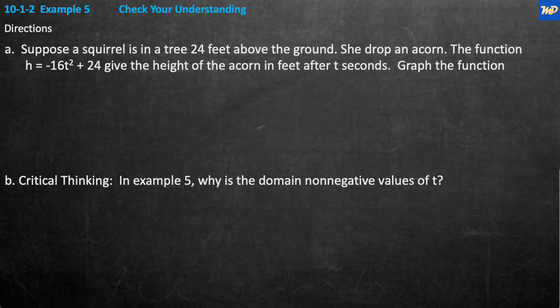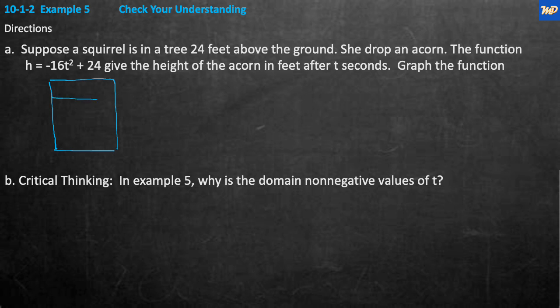Okay, now that you've done that, our table is going to be no more than a couple terms. As we learned from the last example, it doesn't take very long for a stick to fall 30 feet, so it's going to take even less for the acorn to fall 24 feet. So we're not going to get very far.